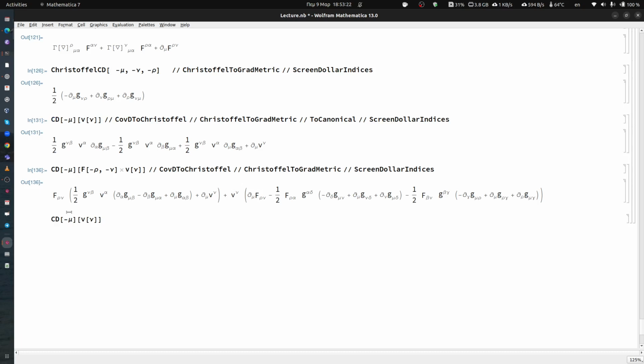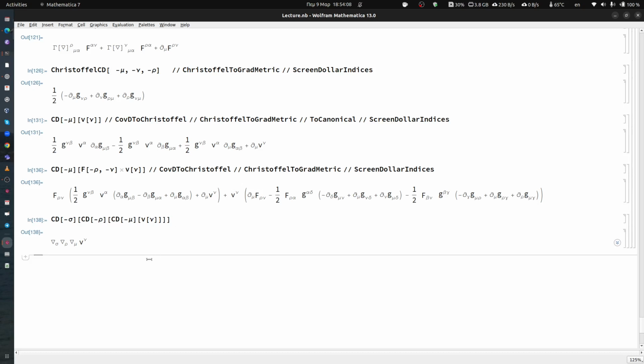So maybe here we have to take another derivative, CD minus rho, and then this is put inside square parenthesis, and then again CD minus sigma, that's the third derivative, etc., etc. So for some people's taste, these are too many brackets and it can be confusing.